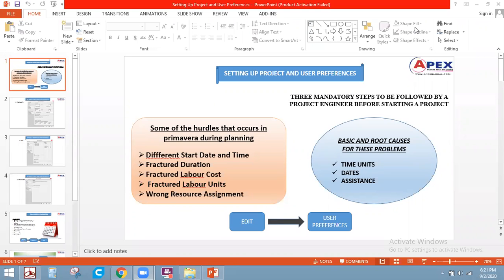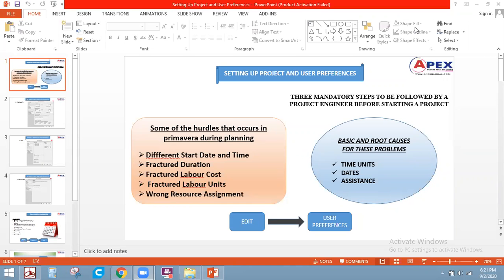Wrong resource assignment. If I assign the resource in a wrong way, consider that I want to cure the columns in a span of 14 to 15 days, and I will be allocating 300 rupees per bhisti, that is the person who will cure the columns.